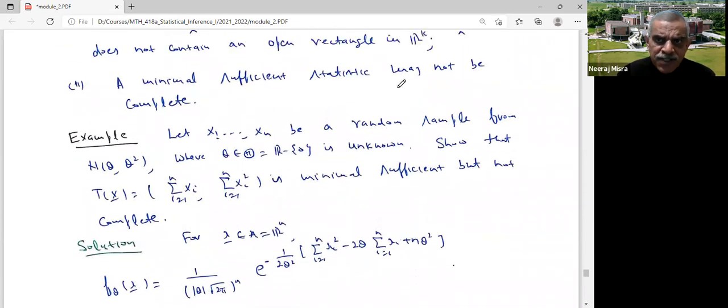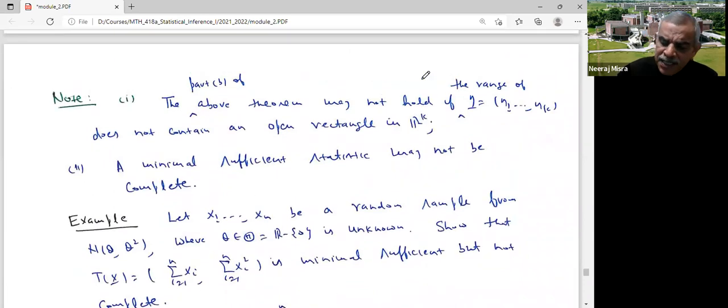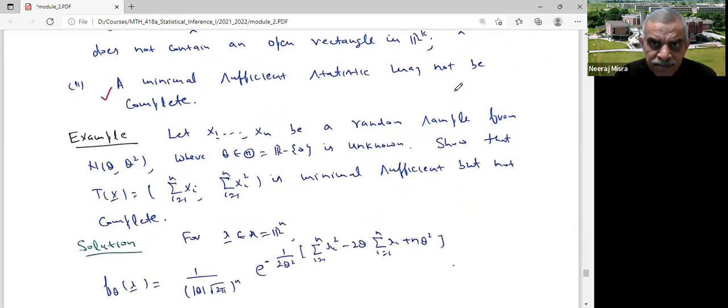Yes, so a minimal sufficient statistic may not be complete. A complete sufficient statistic is always minimal sufficient, but the converse may not be true. That means a minimal sufficient statistic may not be complete. Now, to see why the range of eta needs to contain a k-dimensional rectangle, and why a minimal sufficient statistic may not be complete, I consider the following example.